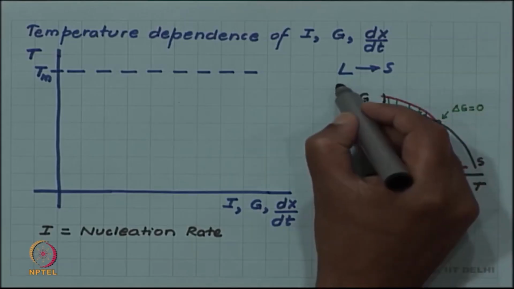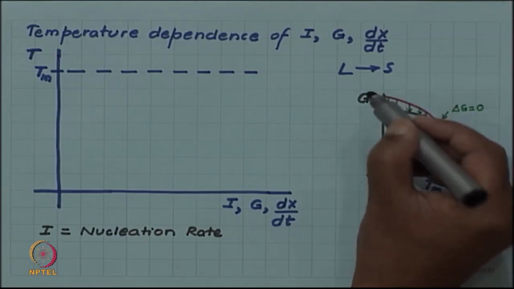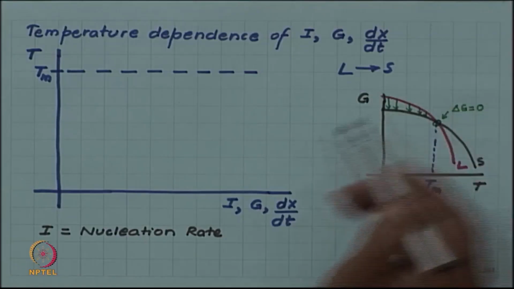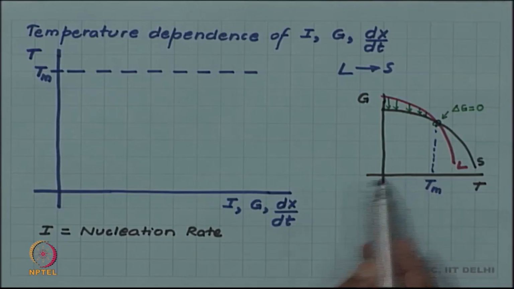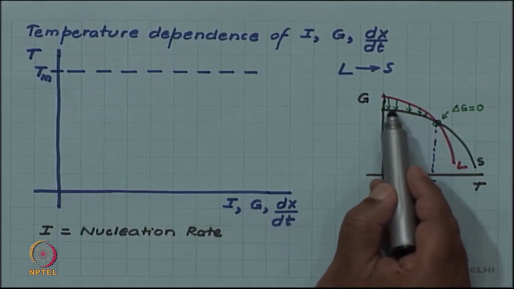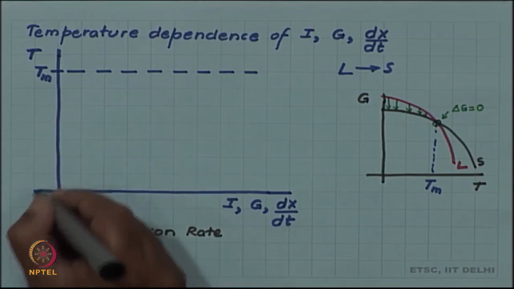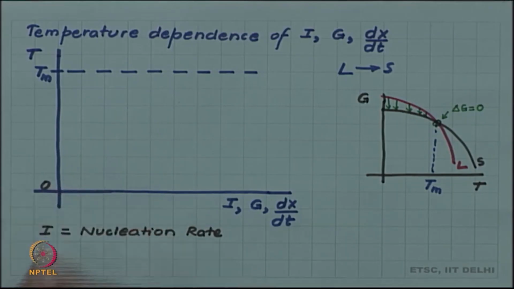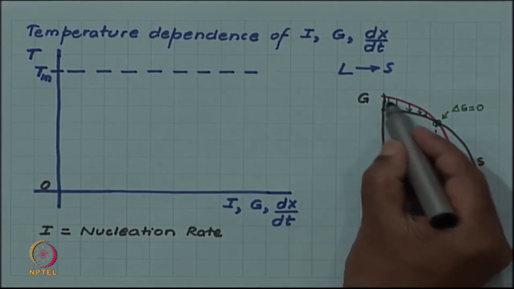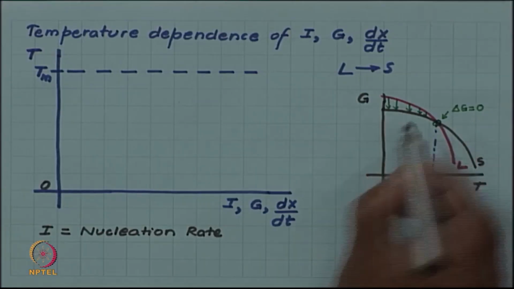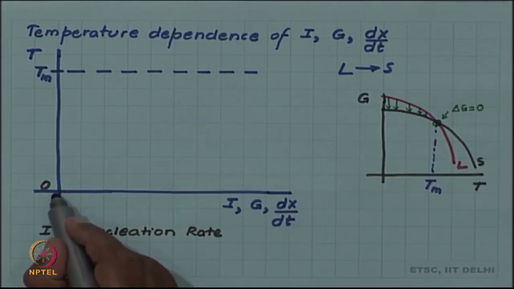So, from disordered phase to organized structure requires atomic mobility, and as we lower the temperature, although the driving force is increasing, you know that atomic mobility keeps decreasing. In particular, at absolute 0, if this is absolute 0, there will be no atomic mobility and then no transformation is possible, even though the driving force is very high. So, because of a reduction in atomic mobility at very low temperature, the rates will again fall.